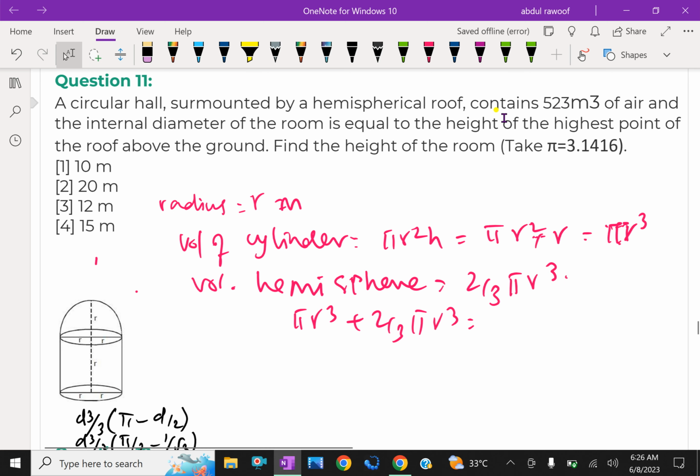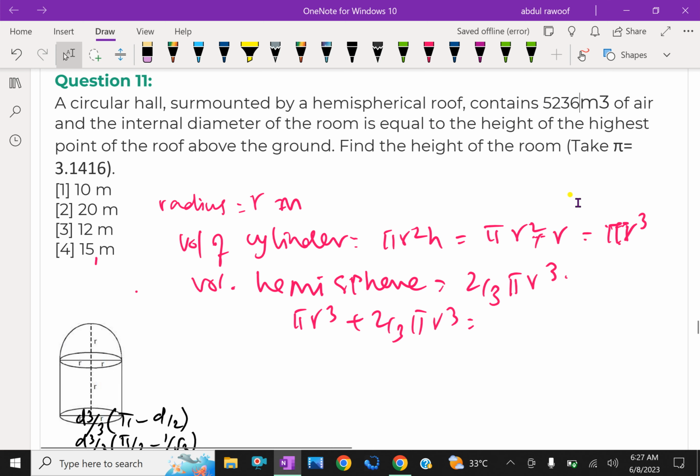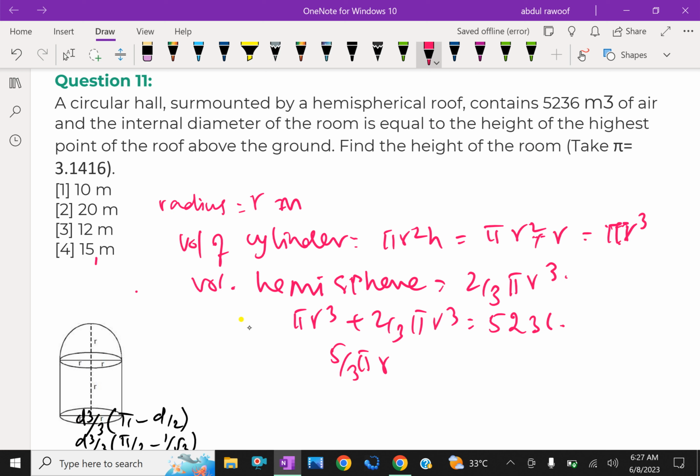is 5236 meter cube. Now the addition of pi r cube plus 2 by 3 pi r cube is 5 by 3 pi r cube, equal to 5236.